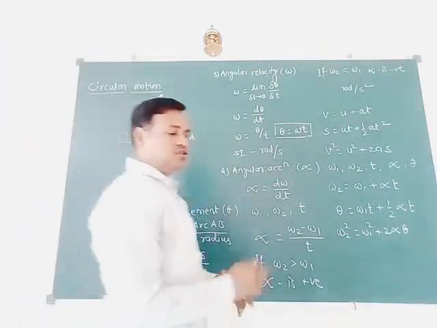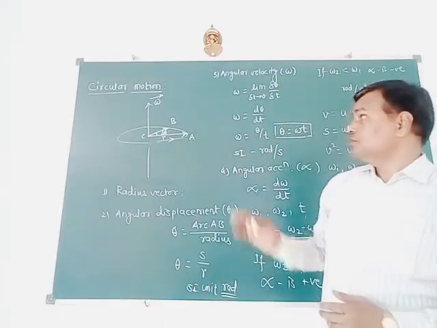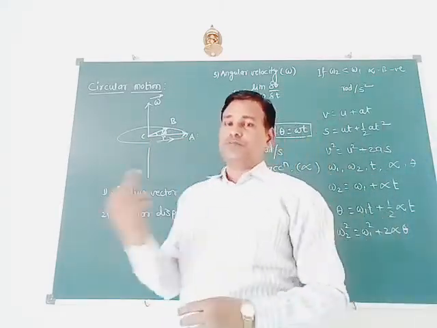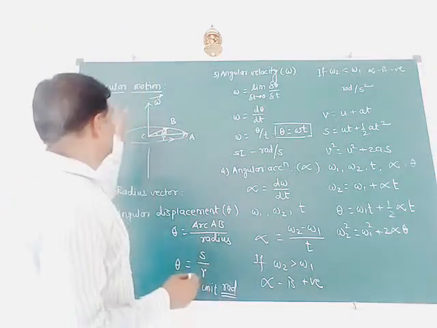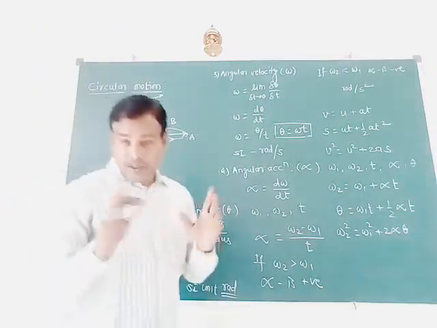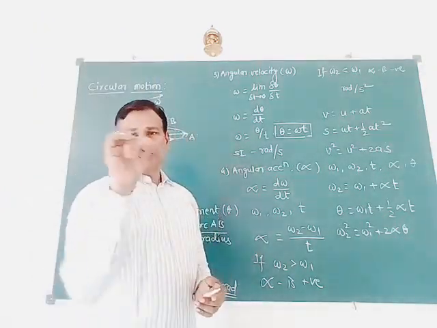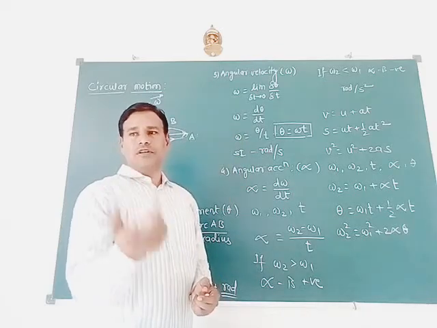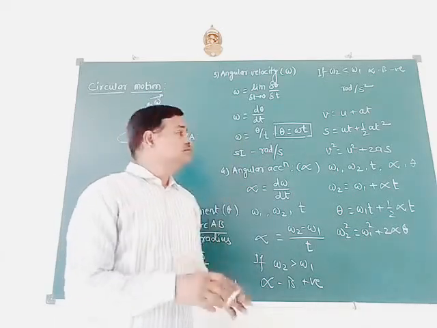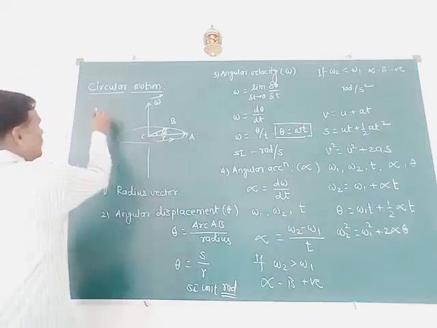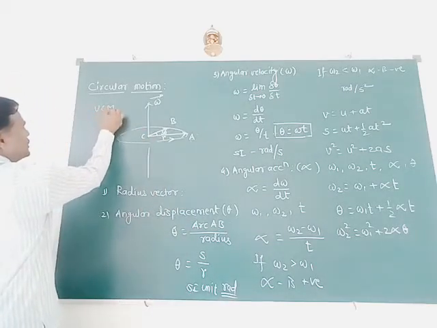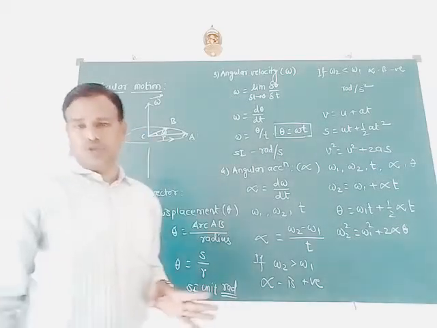Starting from the definition of circular motion, the motion of a particle along the circumference of a circle is called circular motion. If the motion of the particle along the circumference of the circle is with constant speed, it is UCM, uniform circular motion.